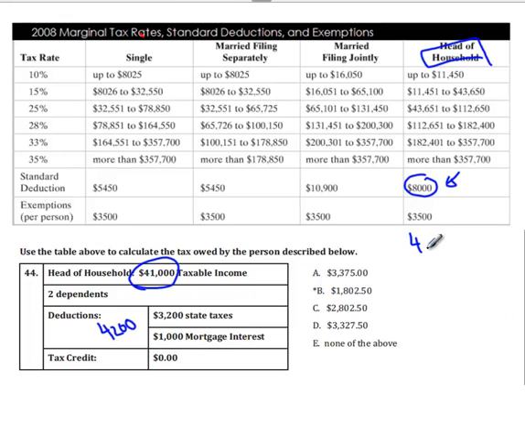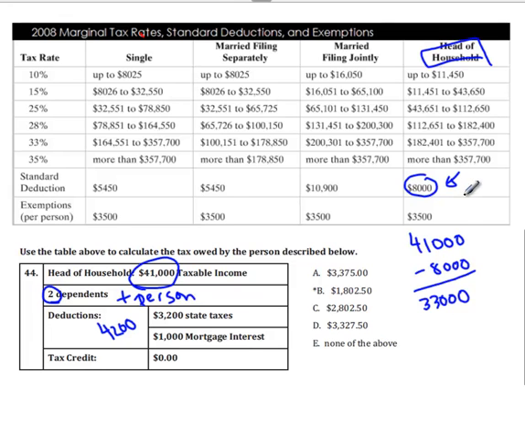We've got to take our $41,000, subtract that standard deduction. That's going to get the income down to $33,000. Then the person gets 3 exemptions because there's 2 dependents plus the person who's the head of household. So that's 3 exemptions.